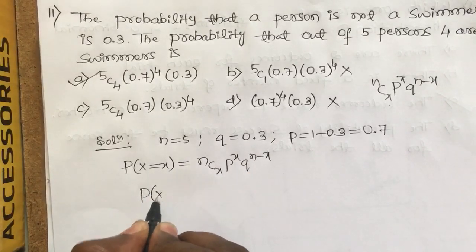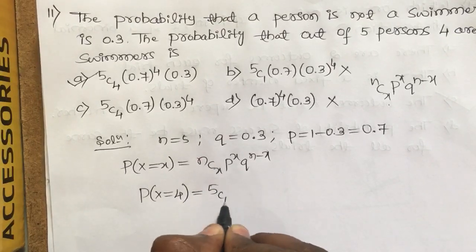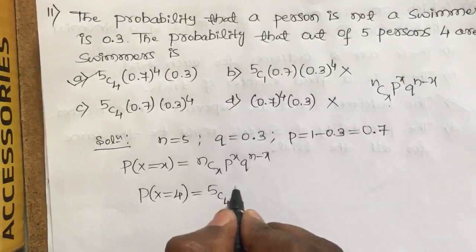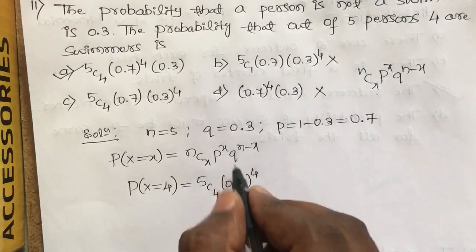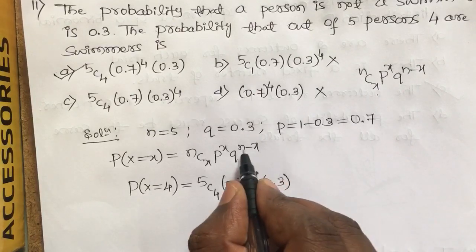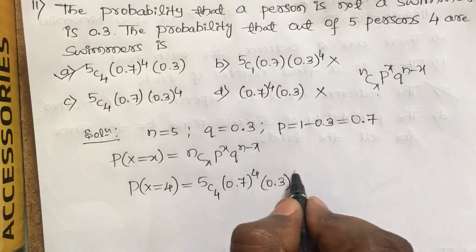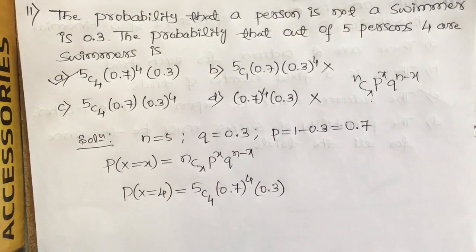So here small x value will be 4, which gives 5C4. The p value is 0.7 to the power 4. The q value is 0.3, so 0.3 to the power n minus x, that is 5 minus 4, which is 1. Therefore, the answer is option A.